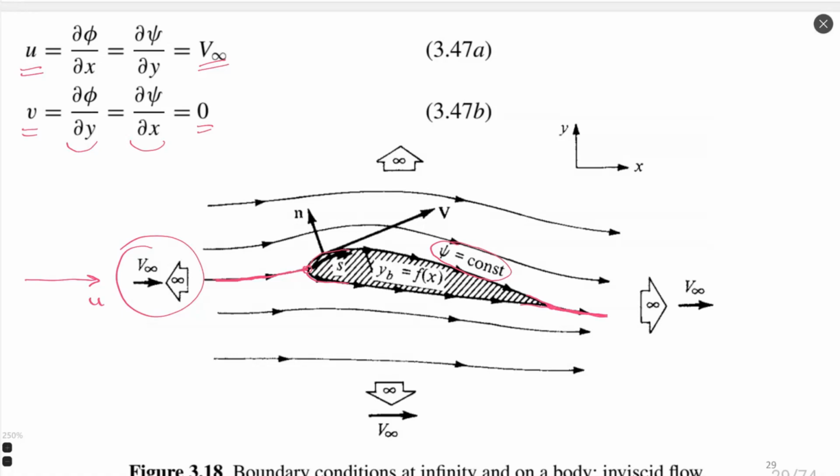So this is our boundary condition for the streamline. We can even define this value as a reference. For example, in many calculations, even Anderson suggests that we might use C equal 0. It's not important which constant we use. We can use 0 as a reference.